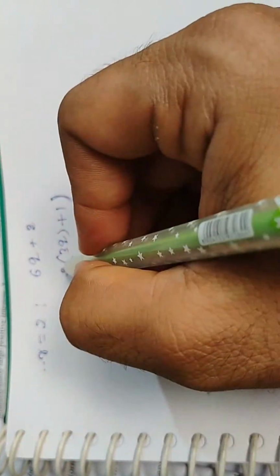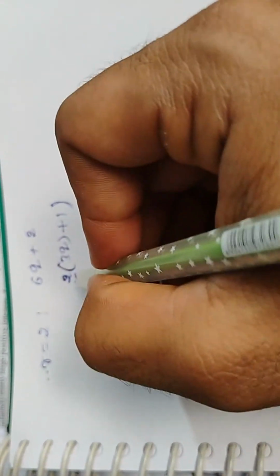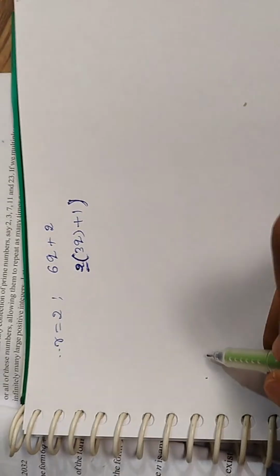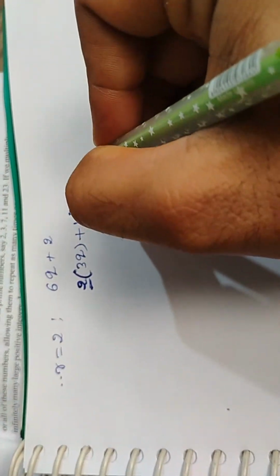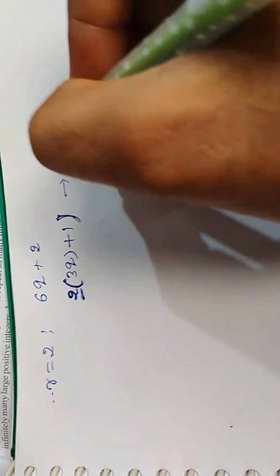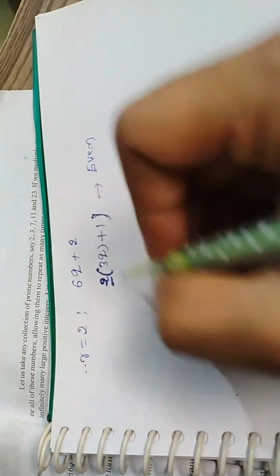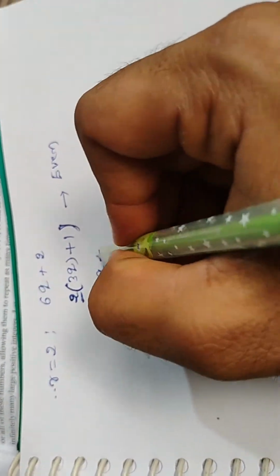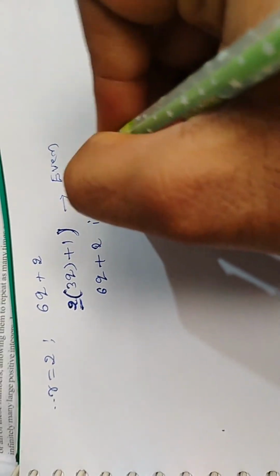If you multiply this complete number with 2, what will you get? You will get even. So 6q plus 2 is even.